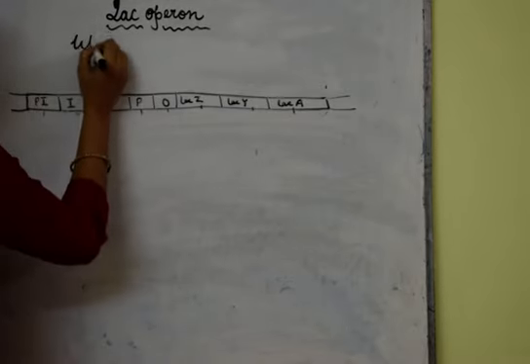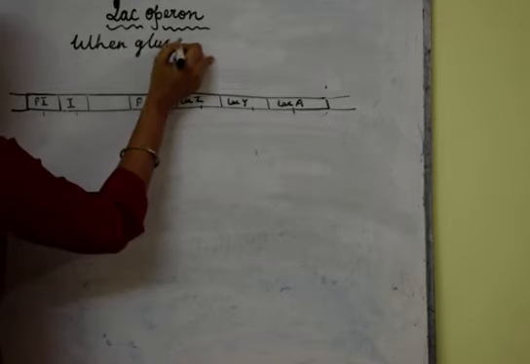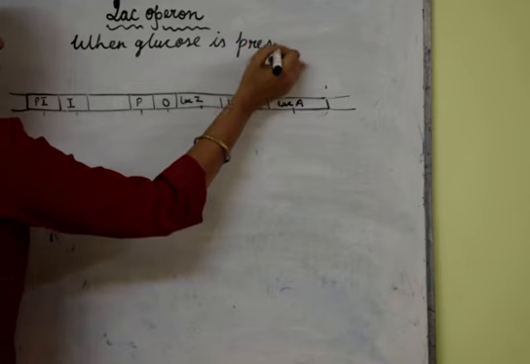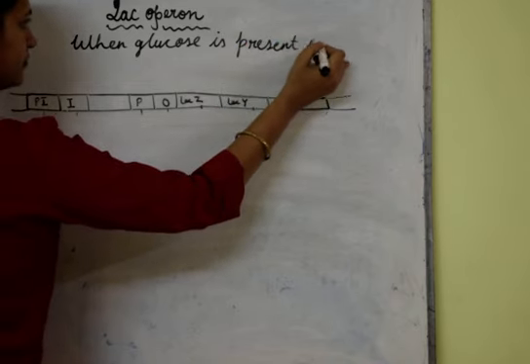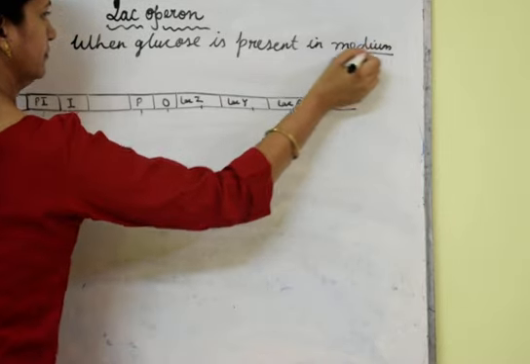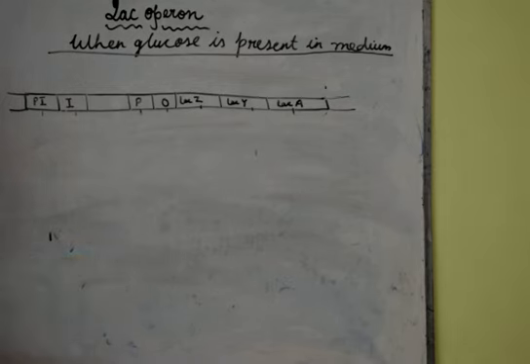So let me write over here when glucose is present in the medium. Remember, when glucose is present, that means the operon need not start. It will remain off.